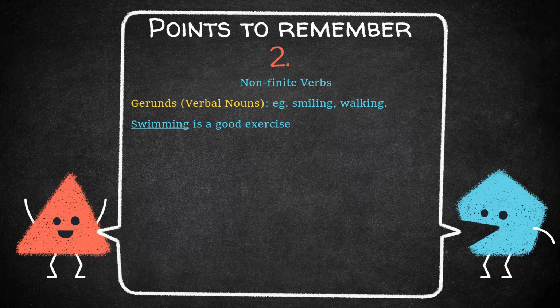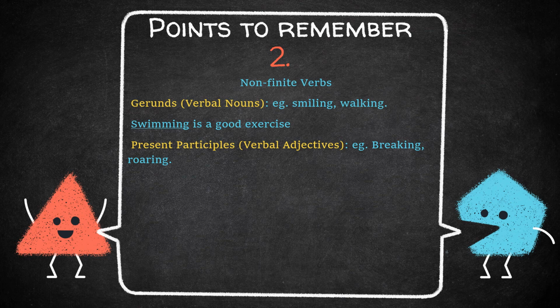Moving ahead, let us look at participles. Now participles can be divided into two, that is the present participles and the past participles. The present participles are also formed by adding ing to any verb, that is breaking, roaring, etc. But the difference between a gerund and a present participle is that while the gerund is a verbal noun, the present participle does the work of a verbal adjective.